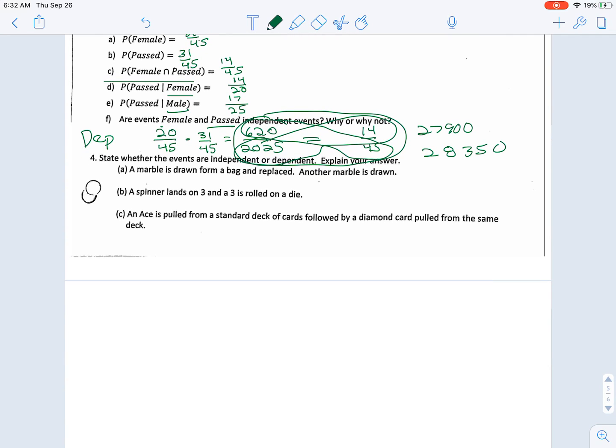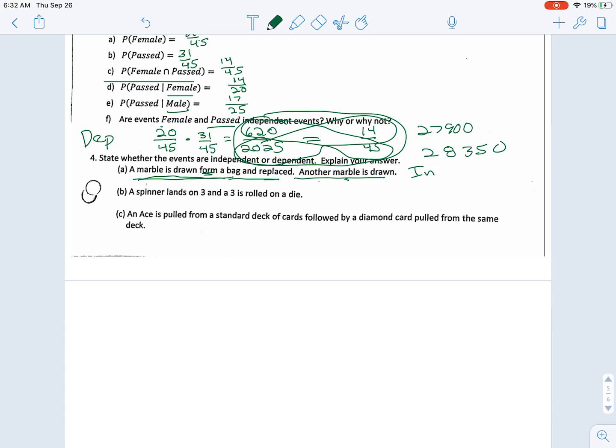State whether the events are independent or dependent. Explain your answer. A marble is drawn from a bag and replaced. Another marble is drawn. Remember, did the first event affect or change the second event? I take a marble out. If I put it back and draw another one, the second time I draw a marble my odds are the same.